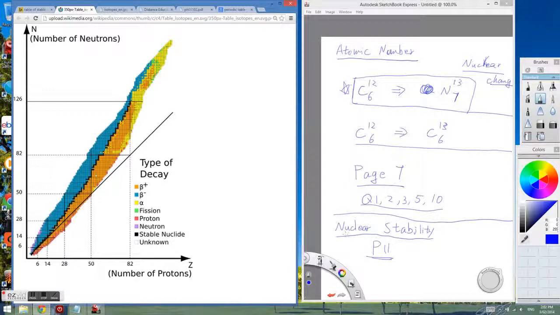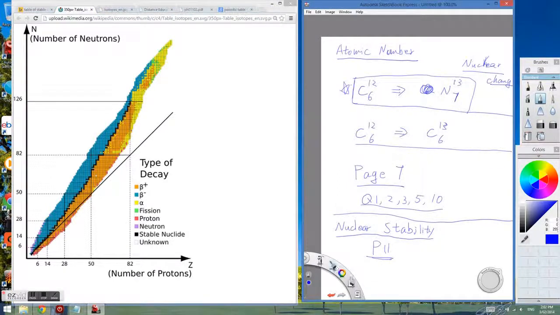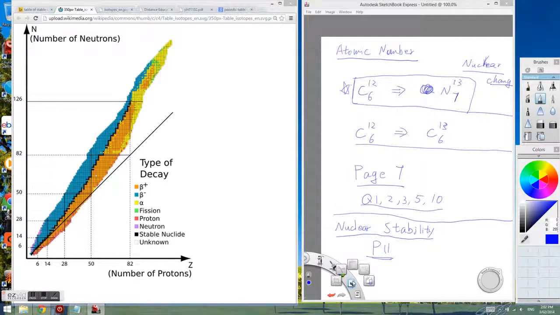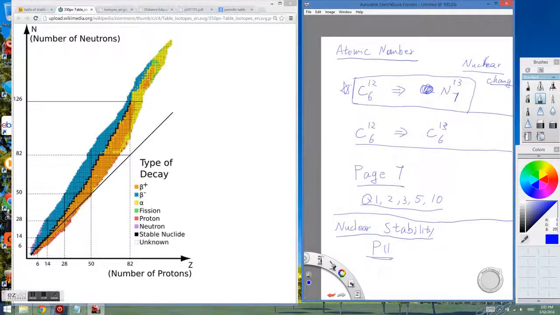So write down: if the atomic number is greater than 83, the element must emit some sort of radiation, whether strong or weak.